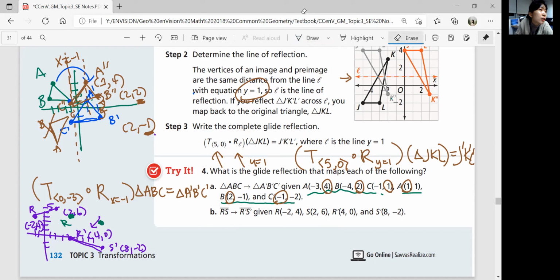Oh wait, that is not reflection. R to here, then S to be here. Oh wait, we're reflecting horizontally.